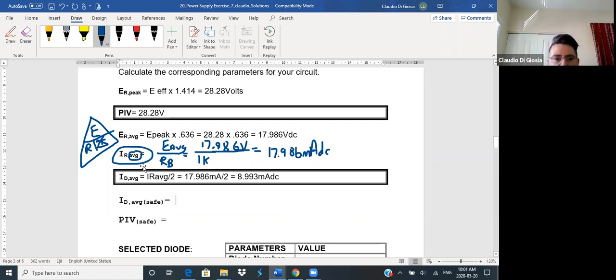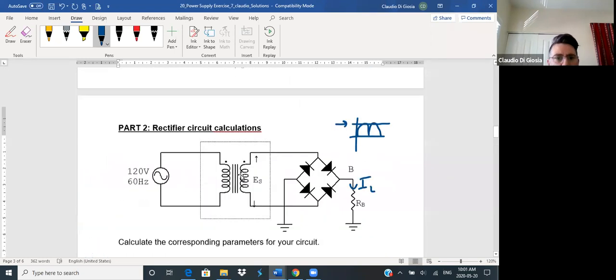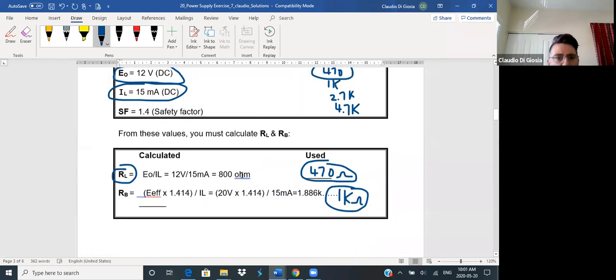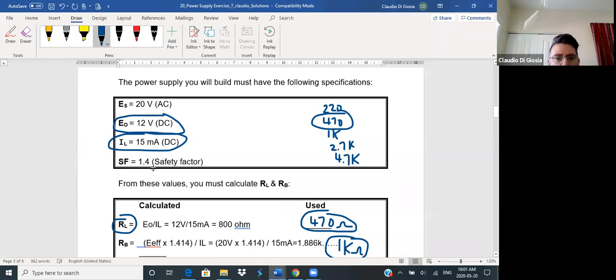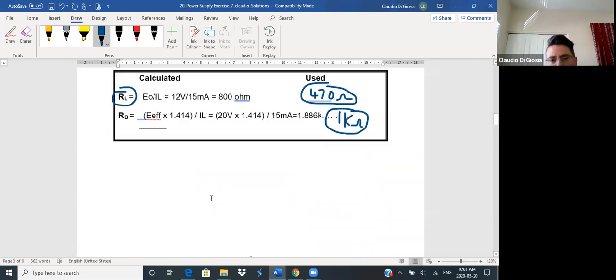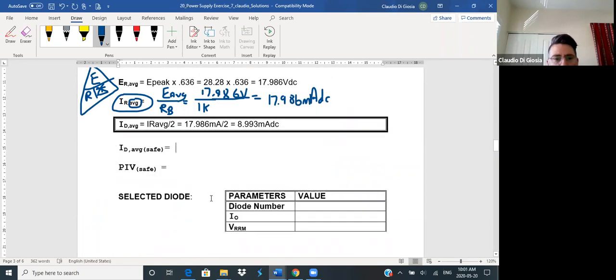So we're going to take the ID average, which we figured out here, 8.993, multiply by the safety factor. In this case, the safety factor was 1.4. So one of the given values. Actually, let me not take any shortcuts.